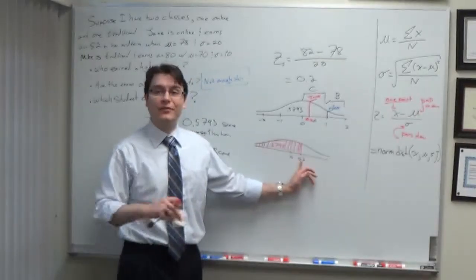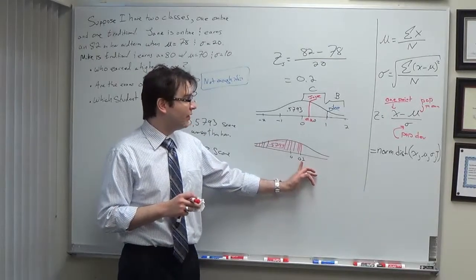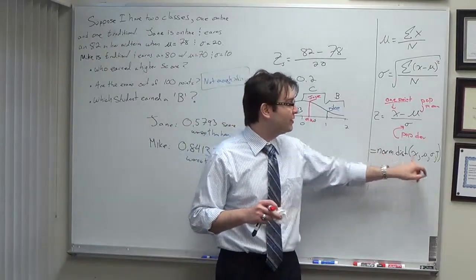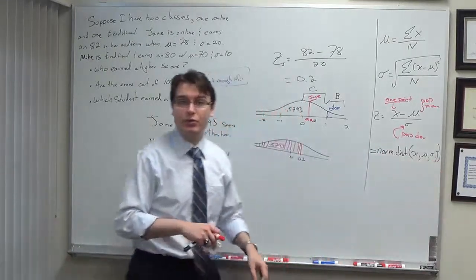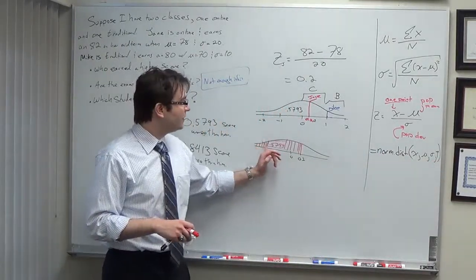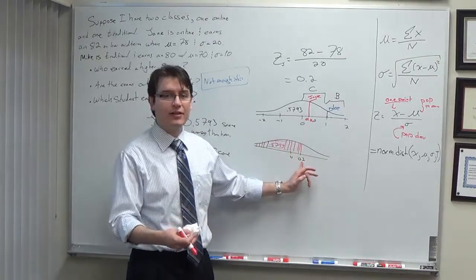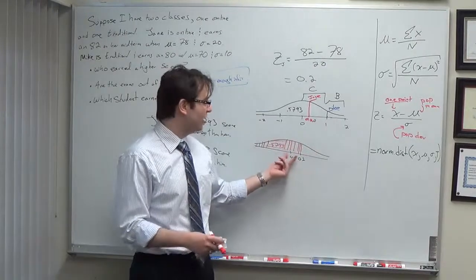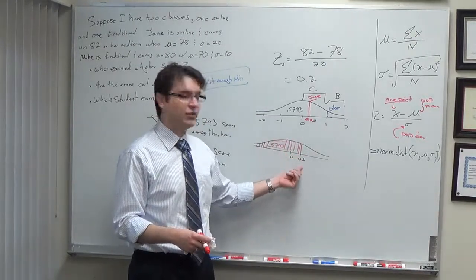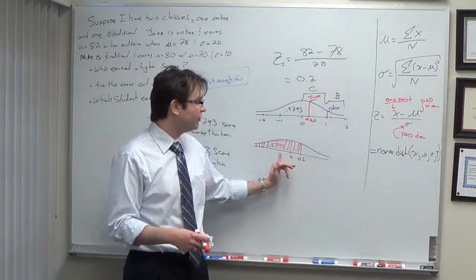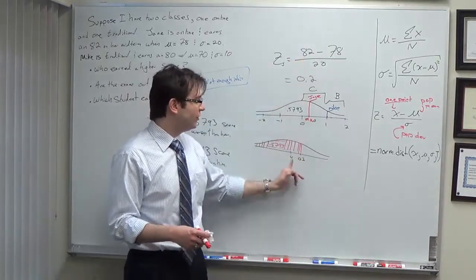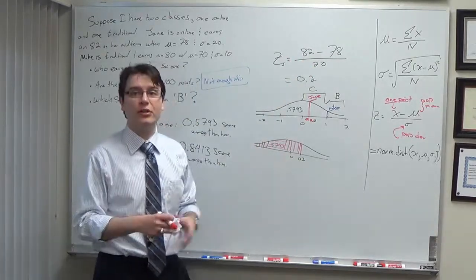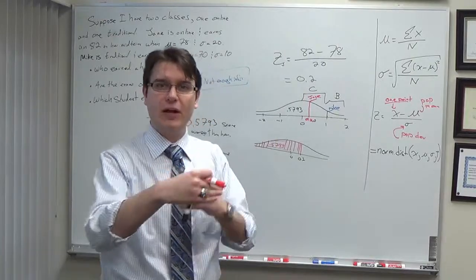When we talk about a left-normed table and a left-normed lookup, or when we use NORM.DIST and put true in it for cumulative in Excel, what we're finding is the area to the left of this. All the people, what percent of the curve is less than 0.2. So we're finding all the folks who would have scored raw scores that would have given them z-scores smaller than 0.2. So we're finding everyone that you've got below.